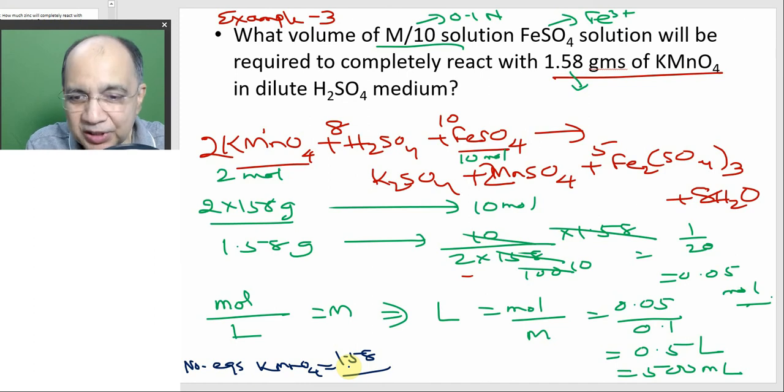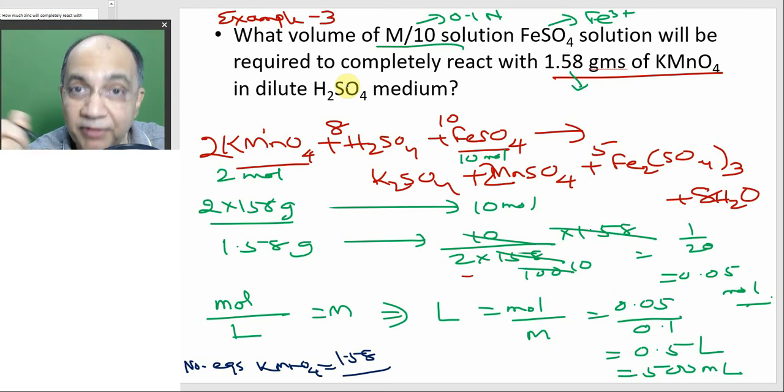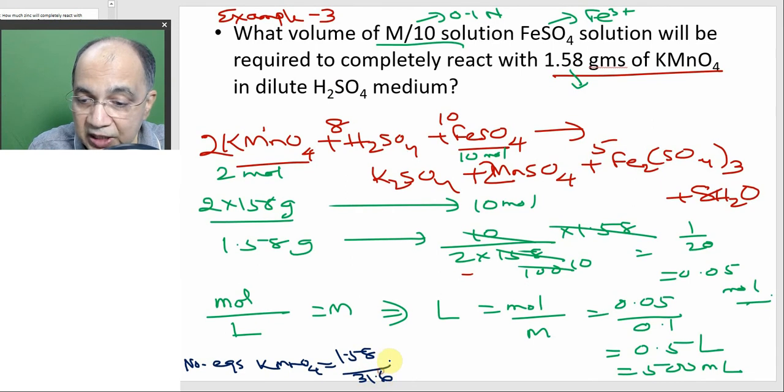It is 5, because it goes from +7 to +2. The change in oxidation number is 5, so the N factor is 5. That much memory every student has. So I remind you, it is 31.6, 158 by 5. So the equivalent mass is 31.6.